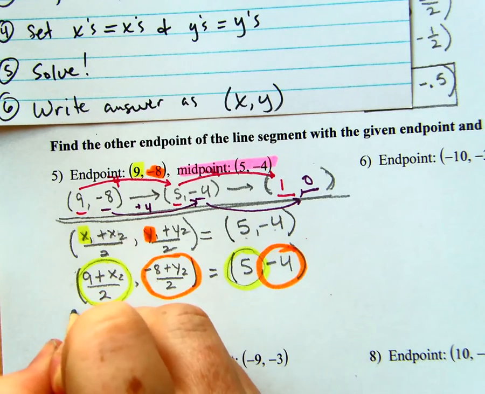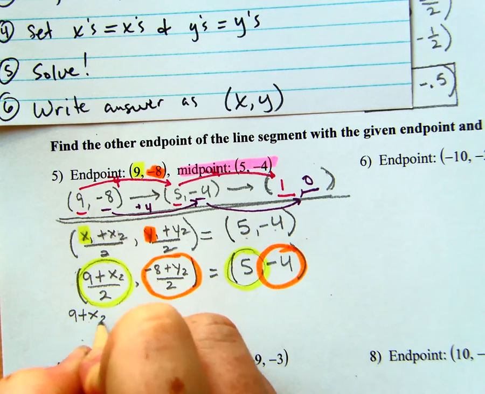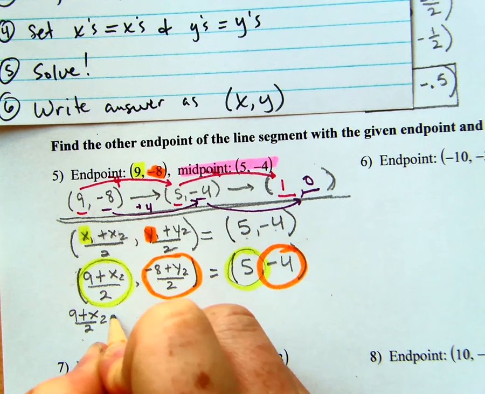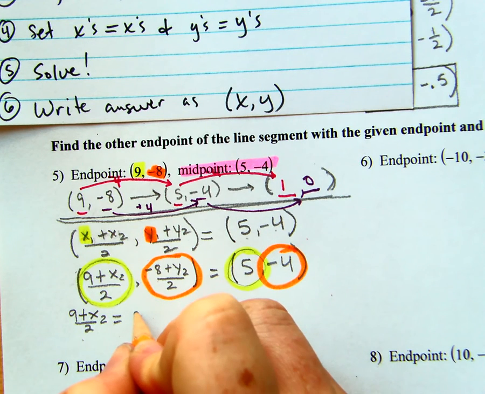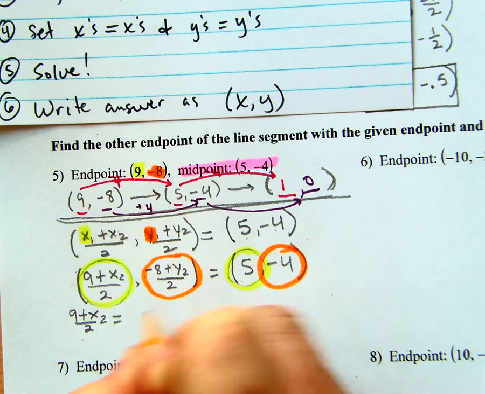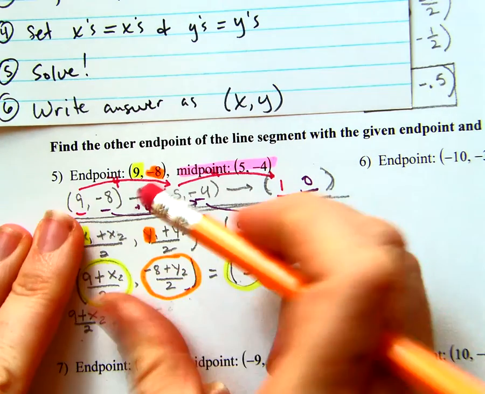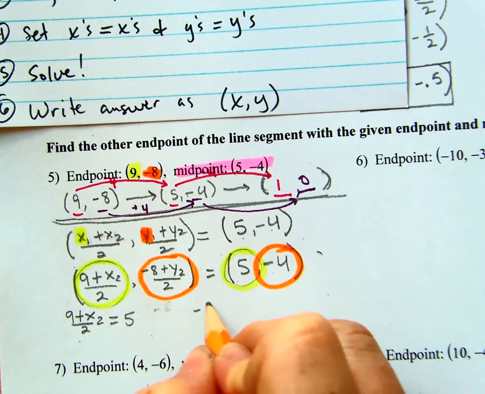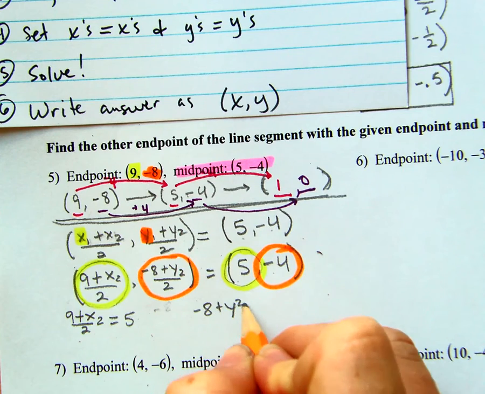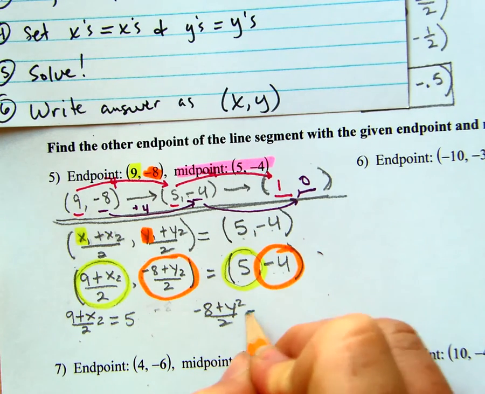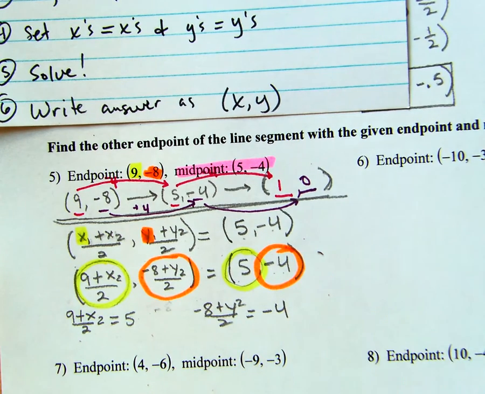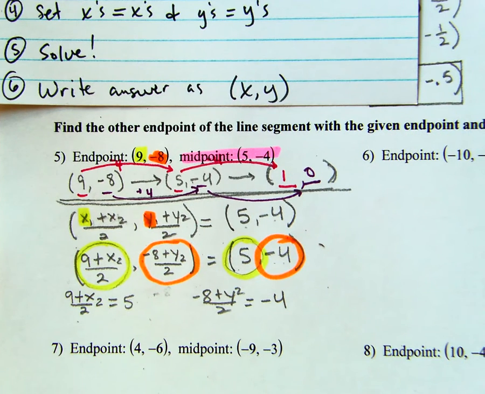So I have 9 plus x sub 2 divided by 2 is equal to 5. And negative 8 plus y2 over 2 is going to be equal to negative 4. And this is definitely more work, guys. This way is definitely more work.